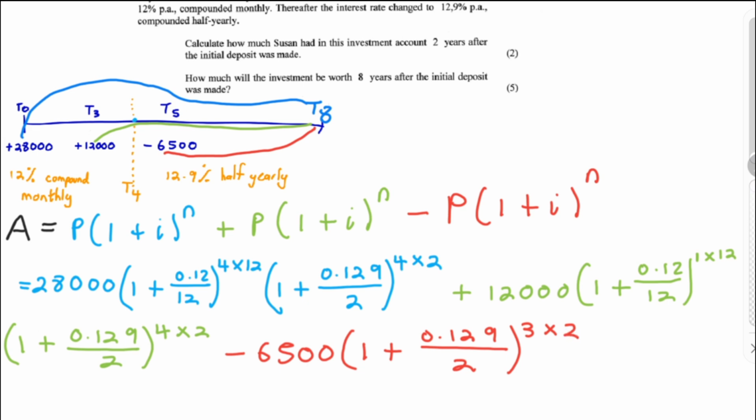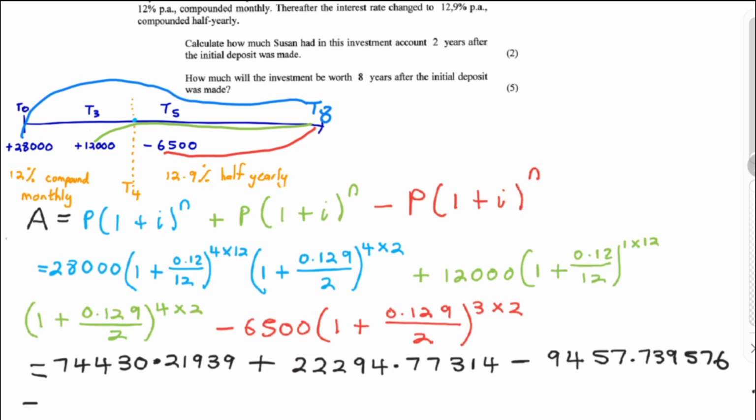And then if you punch everything exactly as it is into your calculator, or you can punch each amount separately. Let's do each amount separately. So this all gives me an amount of 87,267.25.